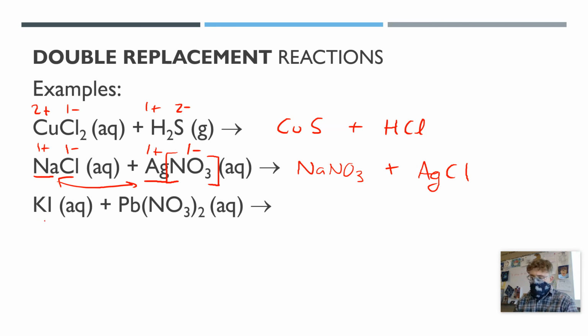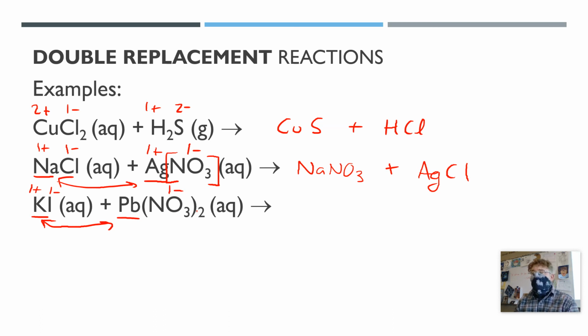And then this one, a little bit more confusing. We have potassium, we have iodine, we have lead, which is Pb, and we have nitrate. Potassium and lead want to switch. Okay. Well, let's do the charges first. Potassium's got a 1+ charge. Iodine's got a 1- charge. Lead, we don't know. Nitrate's got a 1- charge.